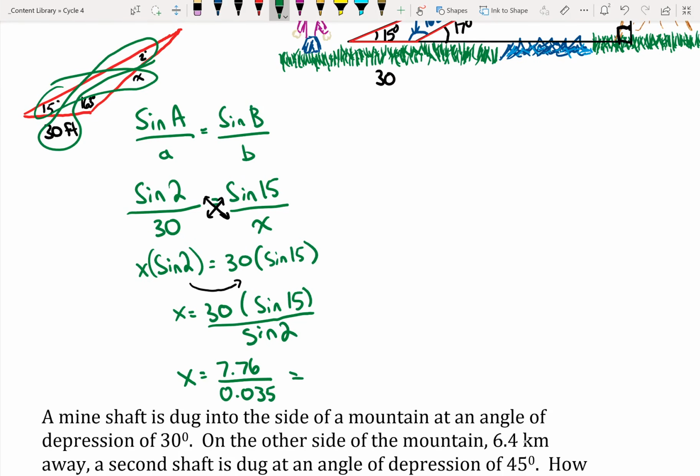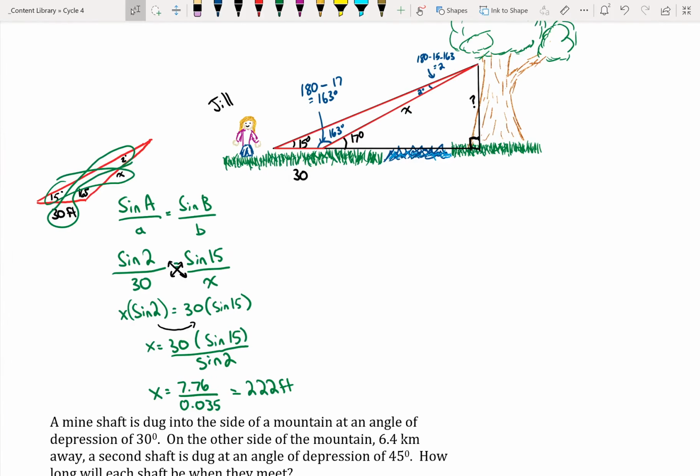And if we simplify that, we should get, basically rounding, to 222 feet. So that means that this x value up here is 222 feet. Let me just write that. So 222. So that is what our x value is.